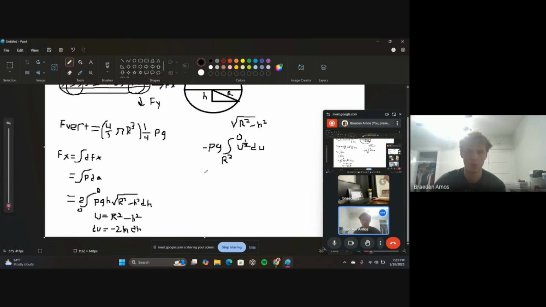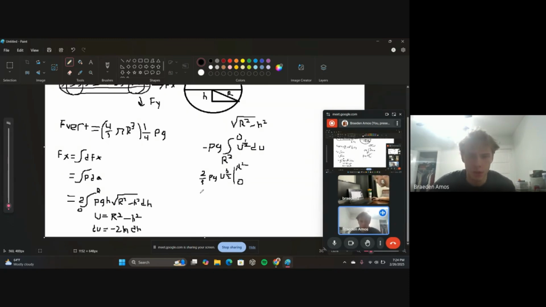All right, so now we can actually evaluate. So we're going to do 2 over 3 rho g, and then you get 2/3 from evaluating this integral here. Then u to the 3 over 2. And because we had this negative here, we're going to flip this, and now r squared will be on the top. 0.